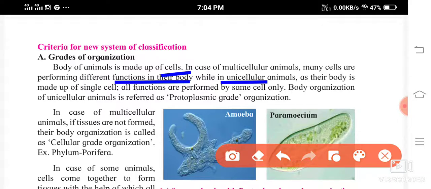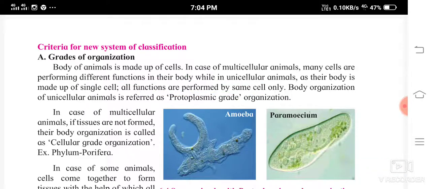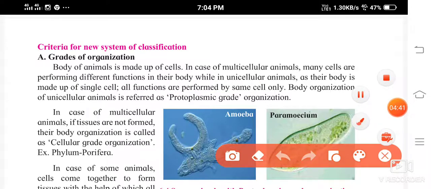So their body is made up of a single cell, and therefore all functions have to be performed by that single cell only. So body organization of unicellular animals is referred to as protoplasmic grade organization.